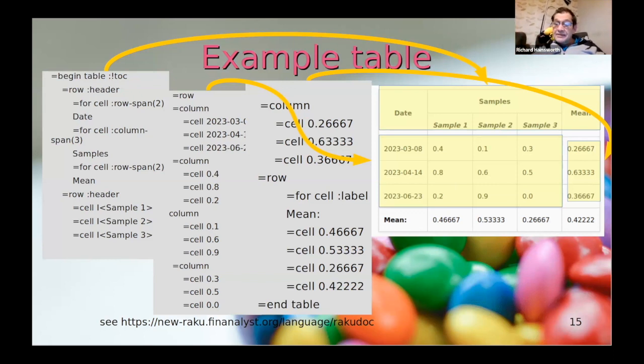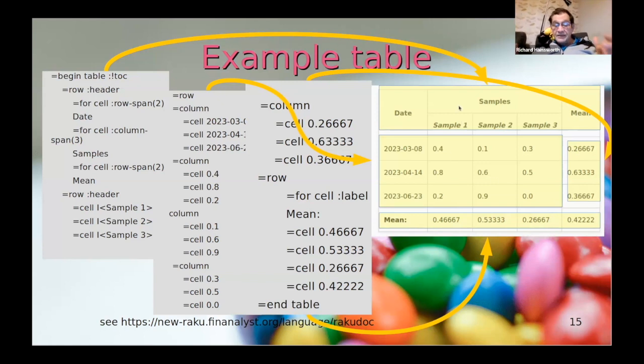So the means at the end are defined as a single column, and then finally the last row is defined as five pieces of data. There is the label, the 3 means for sample 1, sample 2, and sample 3, and then the mean of the means.